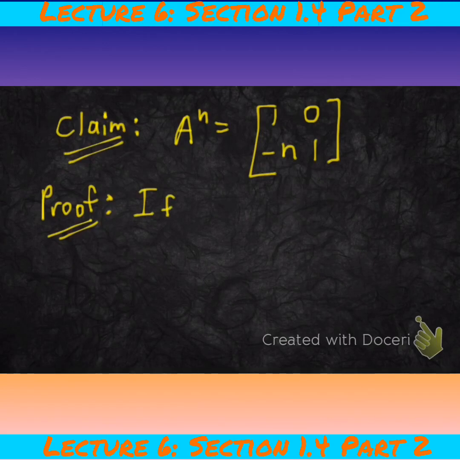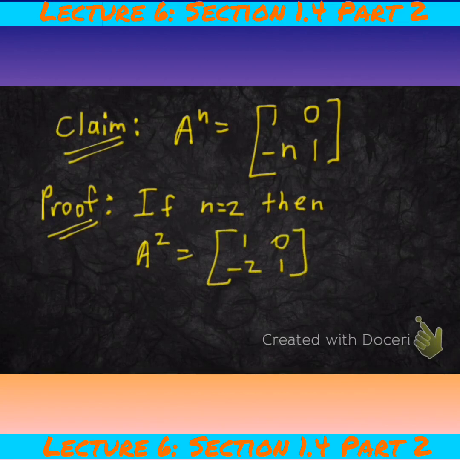So the proof will be: if n is 2, then we worked A squared out as 1, 0, minus 2, 1. And so the result holds.